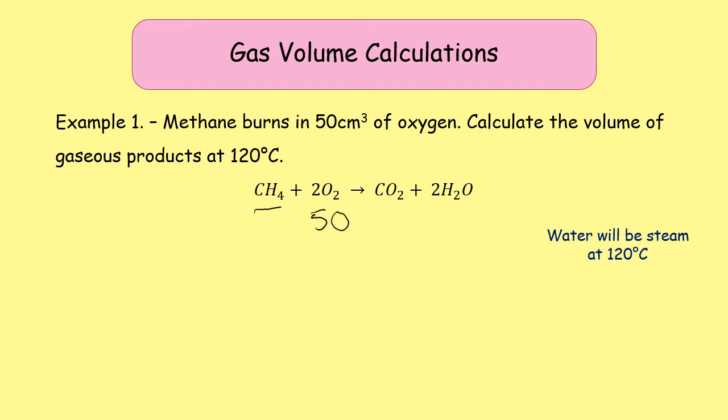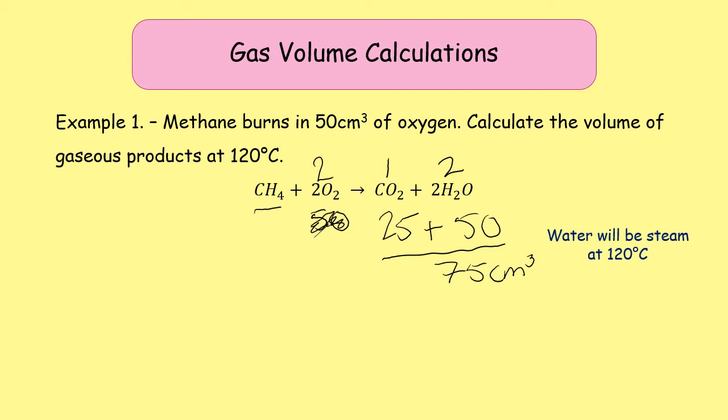If that is 50, and it is 2, 1, 2, if this is a gas, because carbon dioxide is going to be a gas at 120 degrees, we're going to form half the amount of that. So that's going to be 25. And we're going to have water as a gas, and it's the same number of moles, so it's going to be 50. So our overall volume of product is going to be 75 centimeters cubed, because remember, that's all reacted.